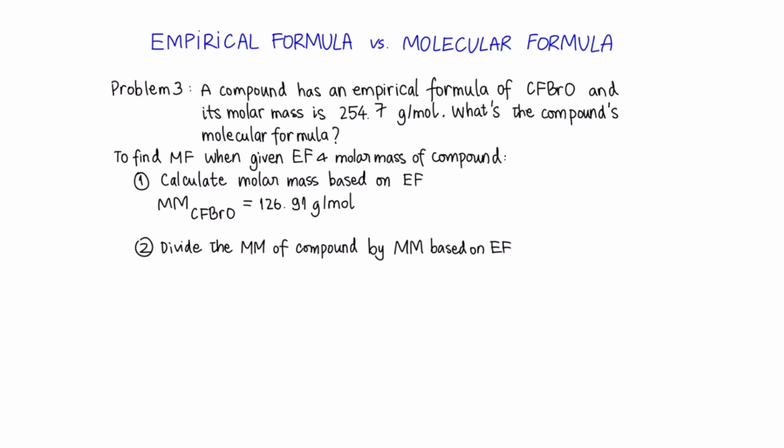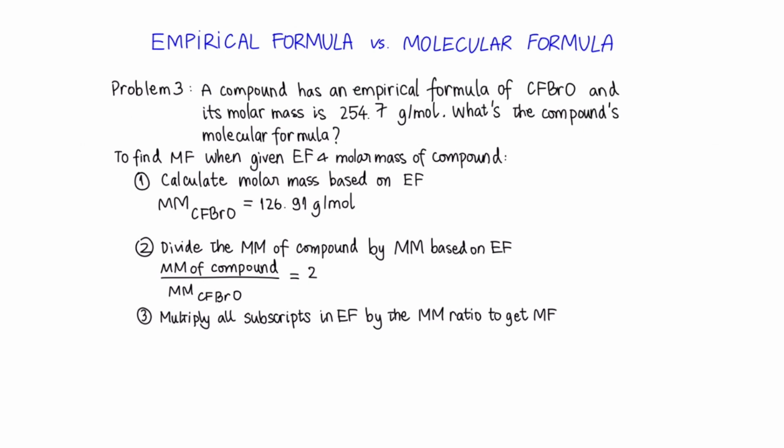Next, we're going to find the molar mass ratio by dividing the molar mass of the compound by the molar mass based on the empirical formula that we calculated in step 1. And that's going to be 254.7 grams per mole as given in the prompt, divided by 126.91 grams per mole that we calculated in step 1. And that's going to give us 2.